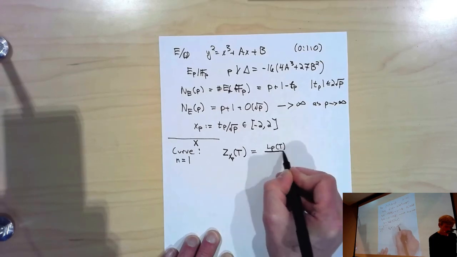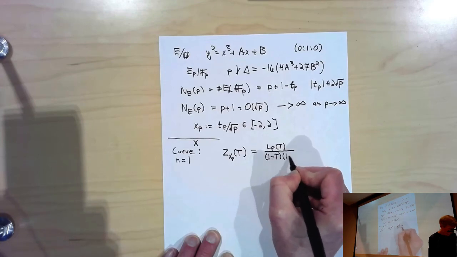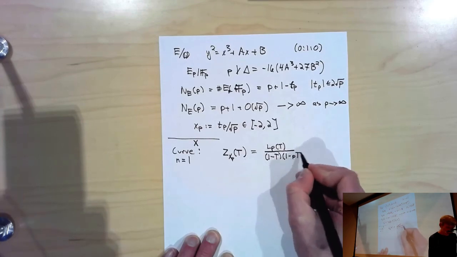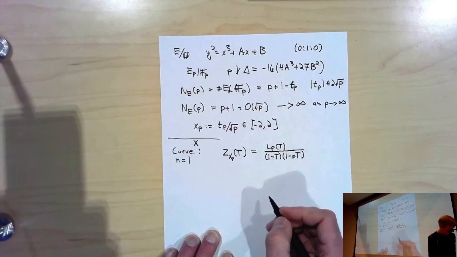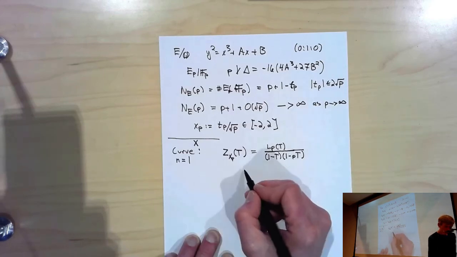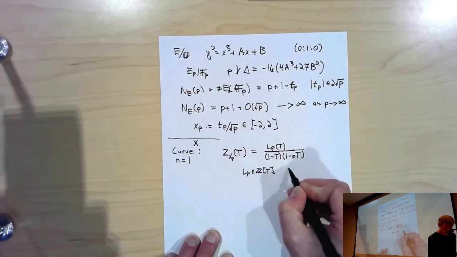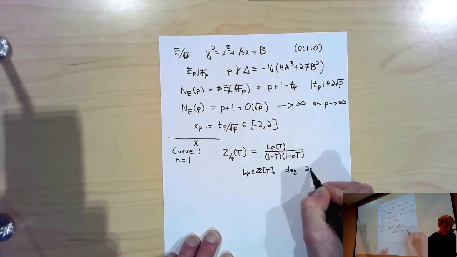That's because we're now in odd dimension rather than even dimension. And the denominator always looks the same. It's not so interesting. Okay, and this L polynomial is going to be an integer polynomial. It's going to have degree 2g, where g is the genus.